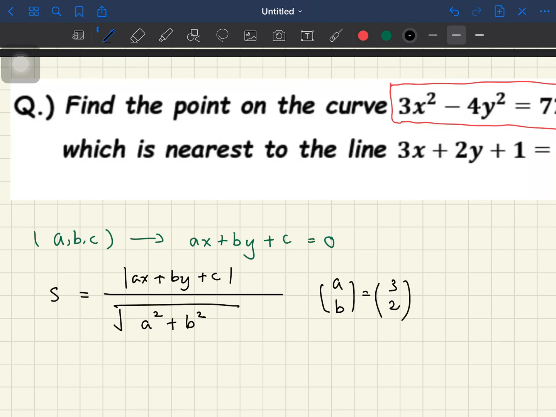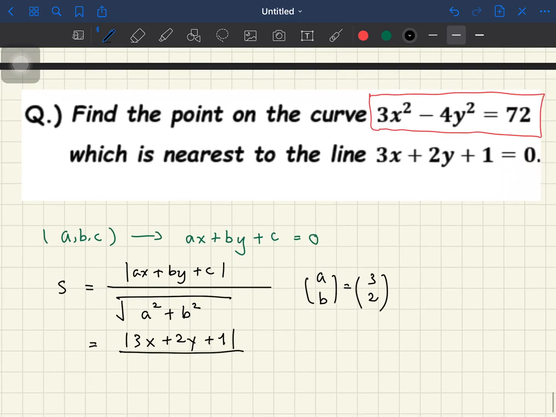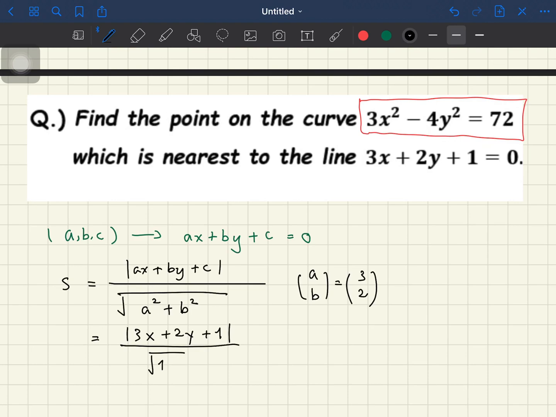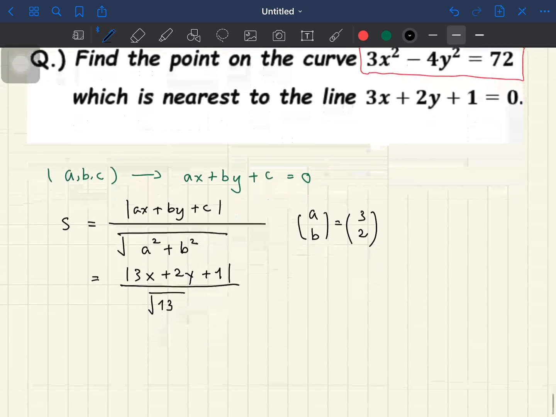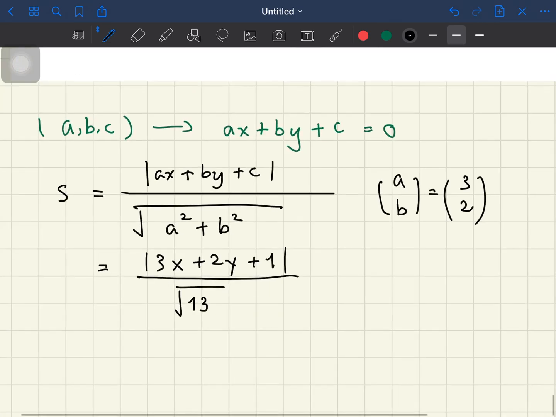So we can easily calculate the value of this radical. In this case, you will have 3x plus 2y plus 1 inside the absolute value, over square root 13. We assume that this square root is always positive so that the solving will be very simple. And you will have this equals s again. And we need to find the shortest distance.